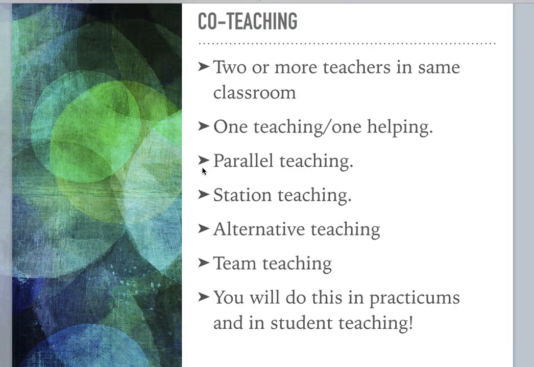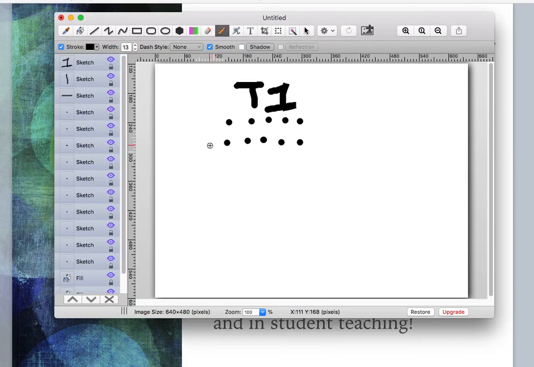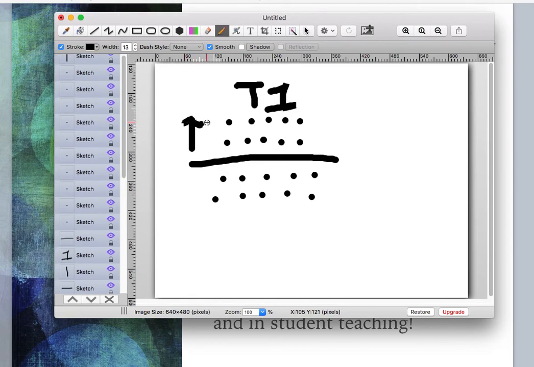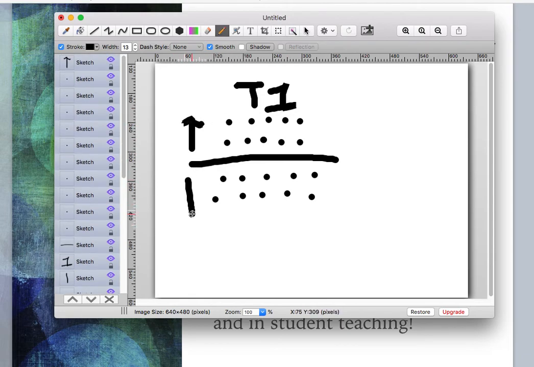The next is parallel teaching. And what this does is this aims to decrease the student to teacher ratio in a class. So let's just put a couple more rows of students in here. Basically, you're going to have a group that you're going to cut in half, and you're going to have the same material be taught by both teachers, but just to a group of half the size.